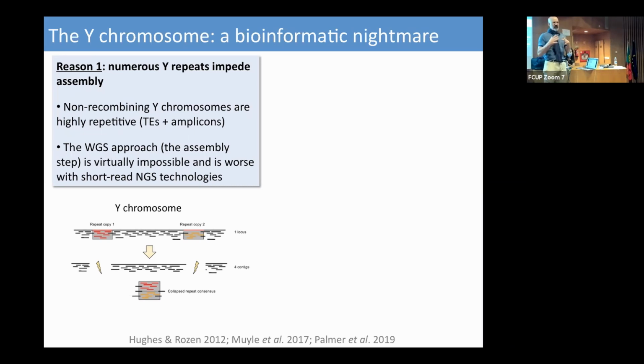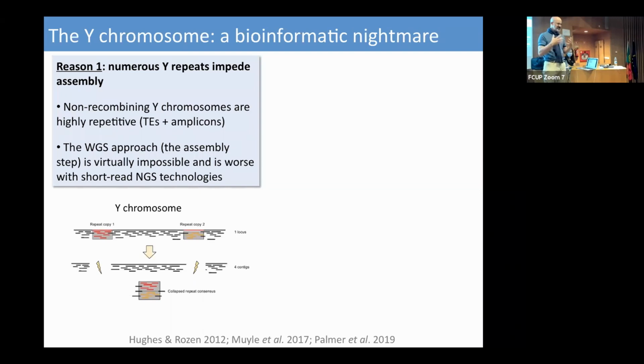The first reason has to do with the standard approach that we have in genomics, that is whole genome shotgun. Maybe you have heard about it. The idea is to fragment a genome into pieces and then use sequencing technologies that will produce small sequences called reads.